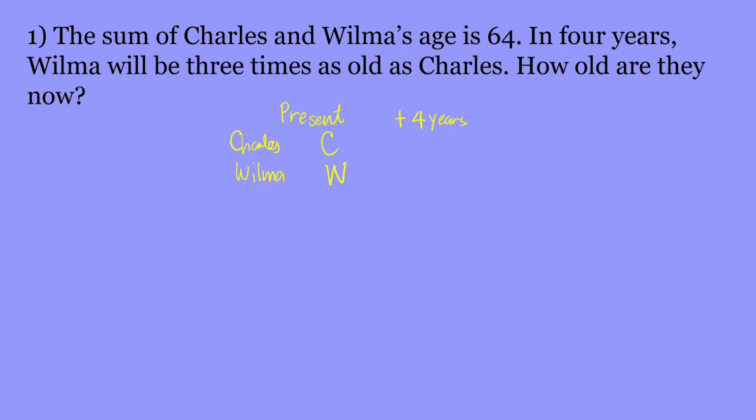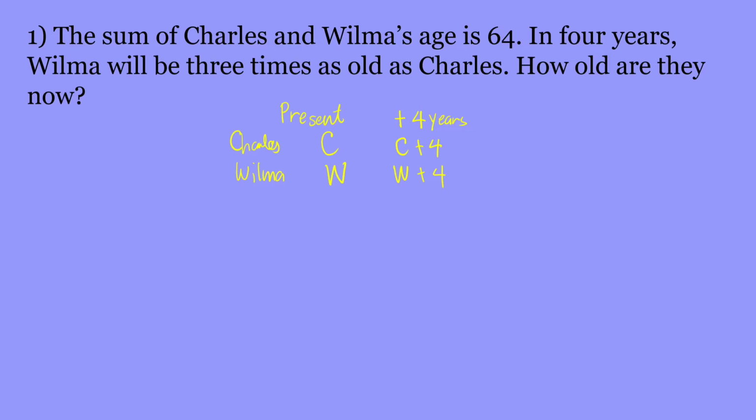In 4 years, Wilma will be 3 times as old as Charles. Now, in 4 years, their ages will be C plus 4. So, more importantly, first is to write their ages in 4 years. The age of Charles in 4 years is C plus 4, while that of Wilma is W plus 4.